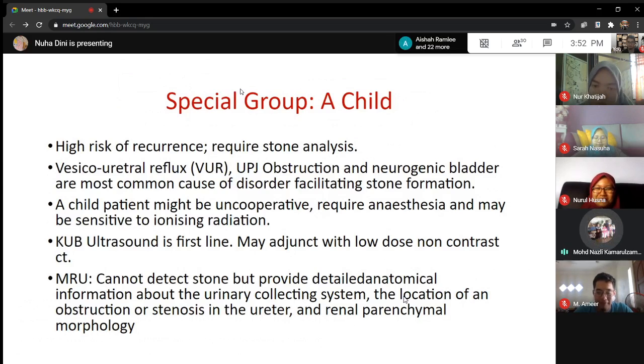Okay. One thing I don't like about your presentation. You go to imaging first, which is not in line with management. When you manage your patient in A&E, like say the patient comes with ureteric colic as your colleague presented about the symptoms just now, the first thing you need to do is urine.